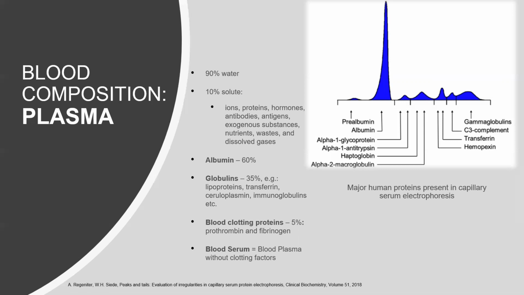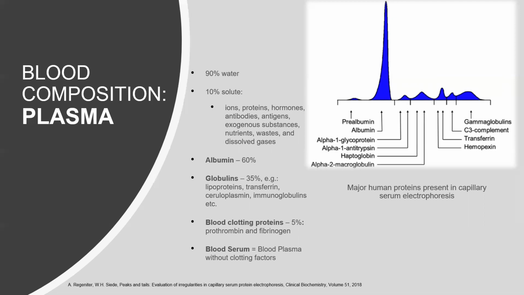Albumin is followed by a variety of globulins, and there are 35% of them out of all proteins. There are different types: alpha, beta, gamma globulins. If we talk about alpha and beta, they transport fats because fats are not water soluble, so they need some transporter.